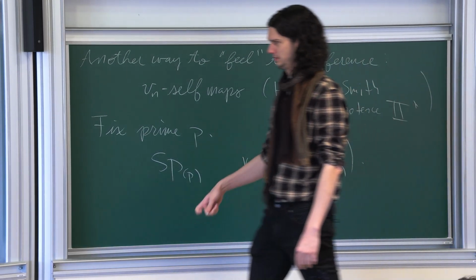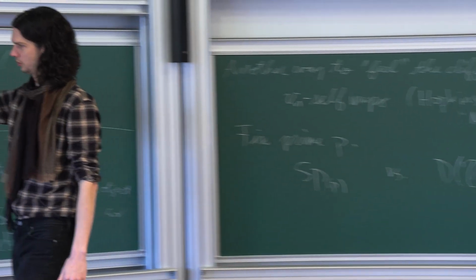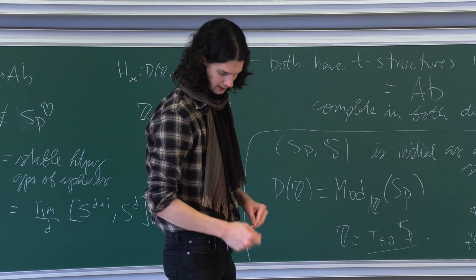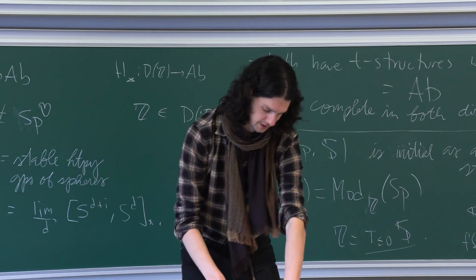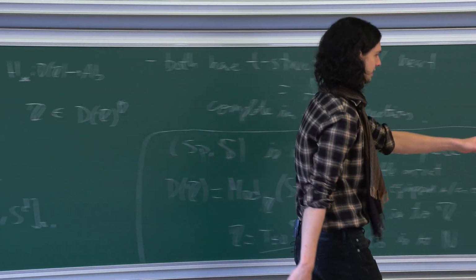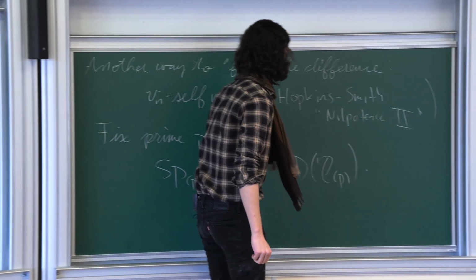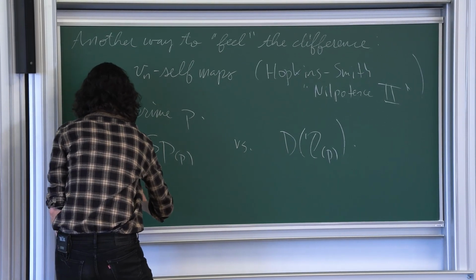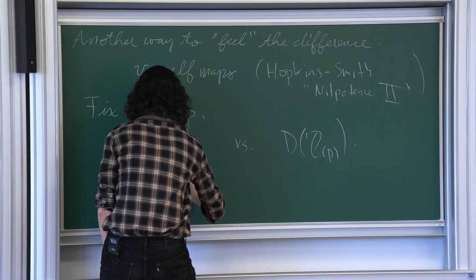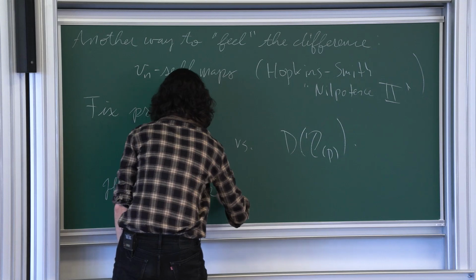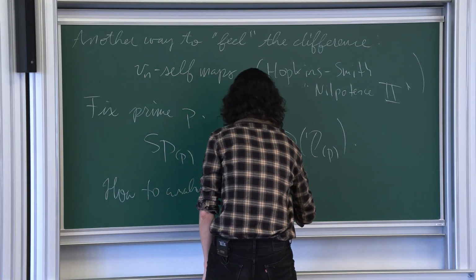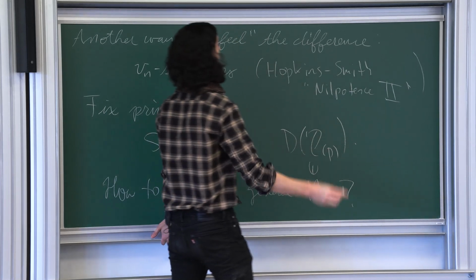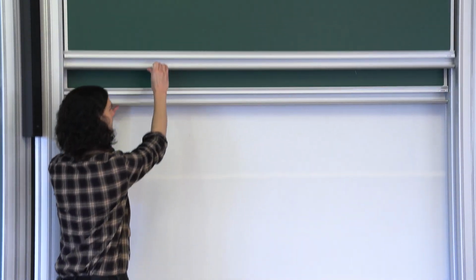A p-local spectrum can be defined as one all of whose homotopy groups are p-local abelian groups, if you like. So let's first discuss this category from the perspective of self-maps. How would you analyze a general M in the derived category of p-local abelian groups?